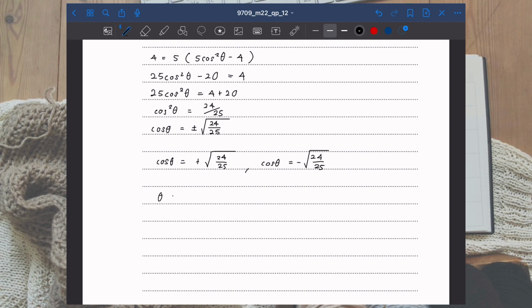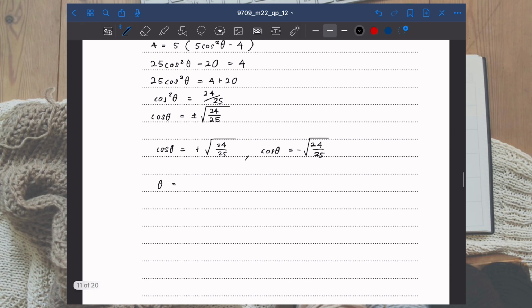So your θ will either be, okay, punch in the calculator, the first angle will be 11.5 degrees, and your second angle will be 168.5 degrees.